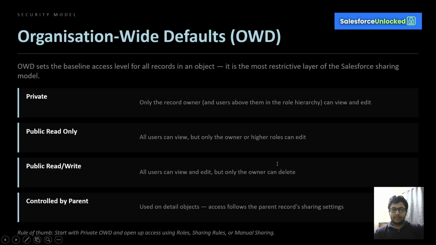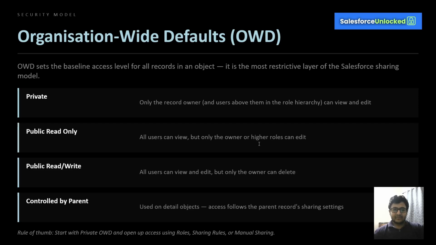Like I said, private is the most restrictive one, and then we deliberately open up the access using other sharing model mechanisms like role hierarchy, sharing rules, or manual sharing. So while setting up any object, always use the most restrictive setting and open up access via other settings.